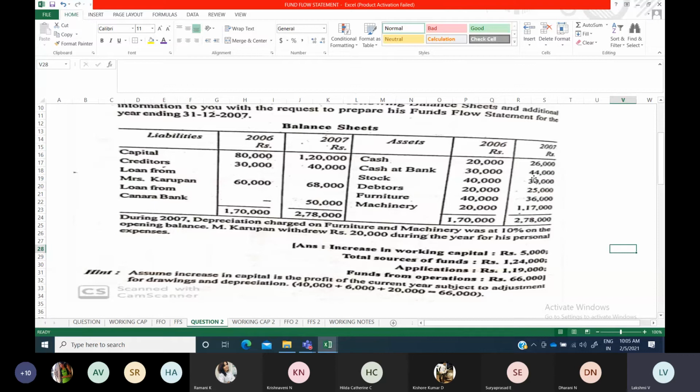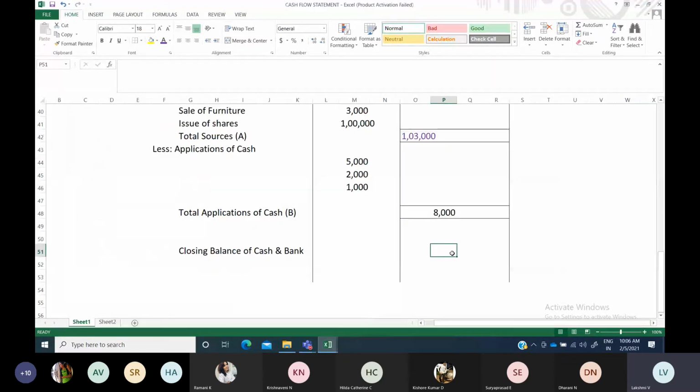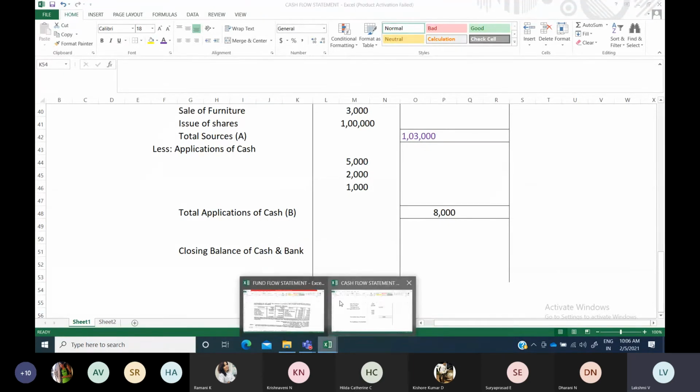This is 70,000, means your final answer also should get that same 70,000 only here. But you cannot differentiate cash how much, bank how much, but it has already been given in the question. So 26,000, 44,000, that is the cash and bank. That 70,000 you should get as your value. Then only the sum is right, or else you have made a mistake.